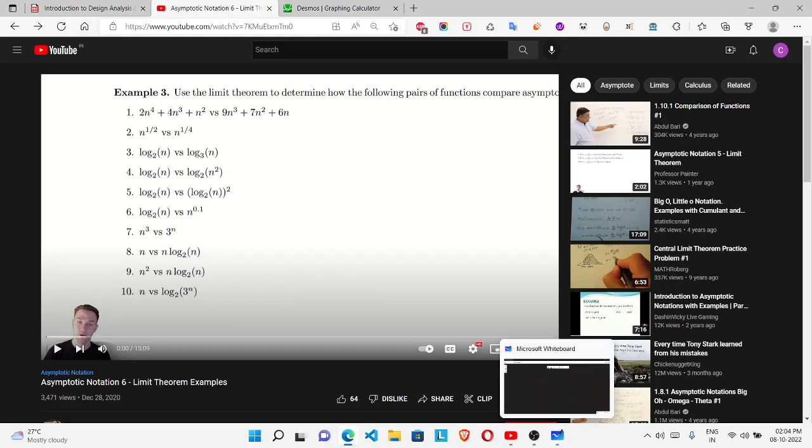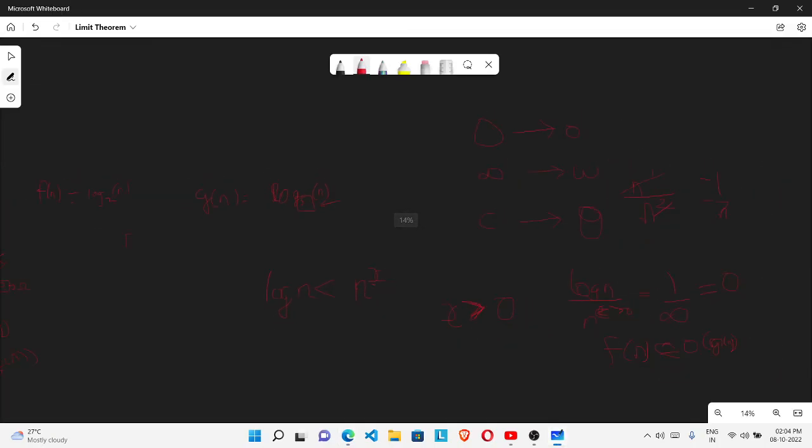I kind of want to solve it using the limit theorem, but I don't think I'll be able to do it. N by log 3 raised to n. Yep, not gonna happen for limit n tends to infinity. How the hell do we even solve this, man?